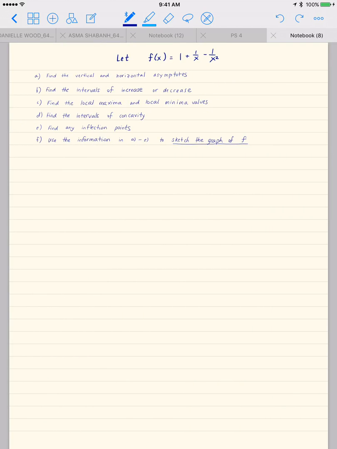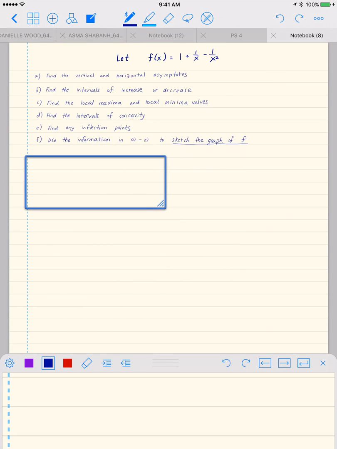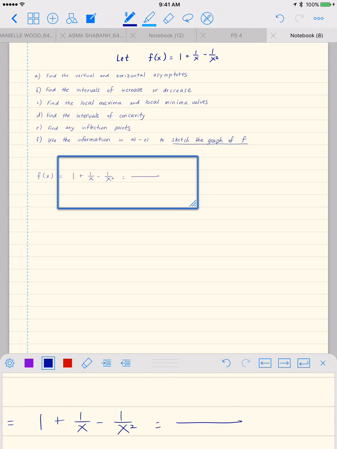Okay, so because this function, f of x, is actually a rational function, let's rewrite f of x. First it's 1 plus 1 over x minus 1 over x squared. But we can also rewrite it as a rational function. We'll get a common denominator, and we'll have x squared plus x minus 1 over x squared.